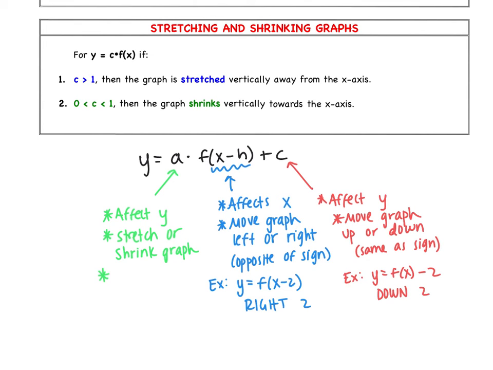So it can pull it up or smush it together. Or it can reflect the graph. It can do either one. And we'll see that in a later example. It is possible for there to be a negative in front of the x or a number in front of the x, but we are not going to look at that.